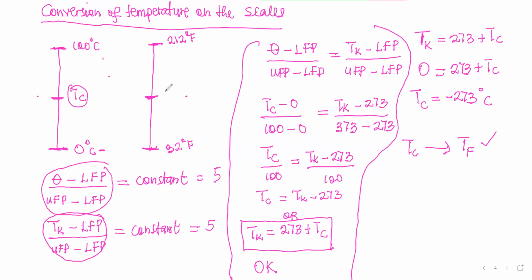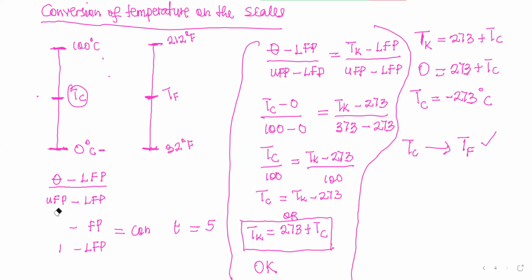The unknown temperature TF. Please note that it can also be upper fixed point minus lower fixed point divided by, okay, this is mathematics. The order doesn't matter. You need to get the same result. I'll use this to explain better.